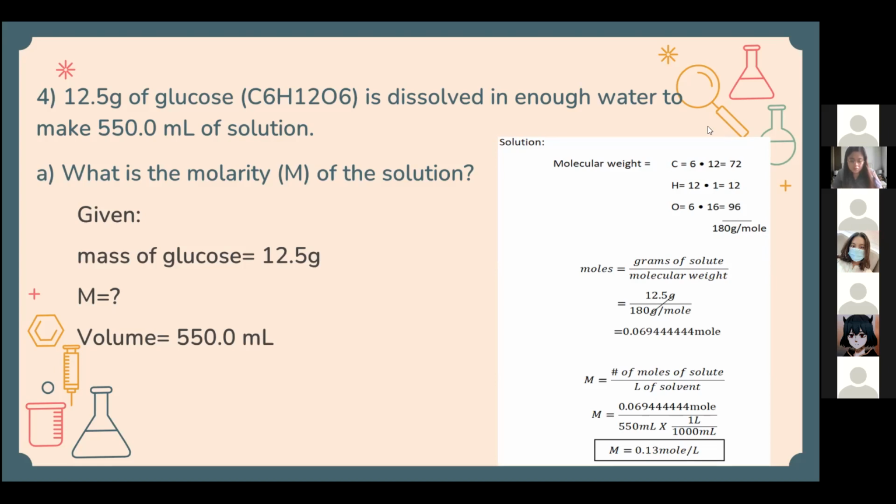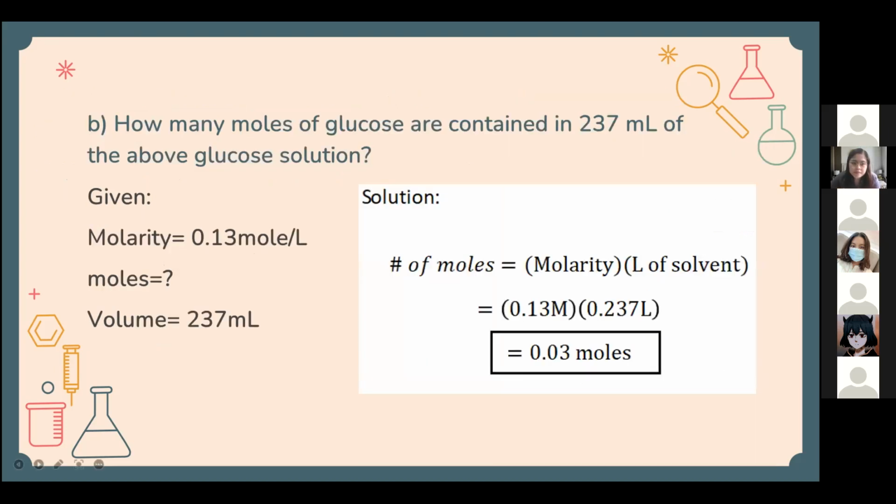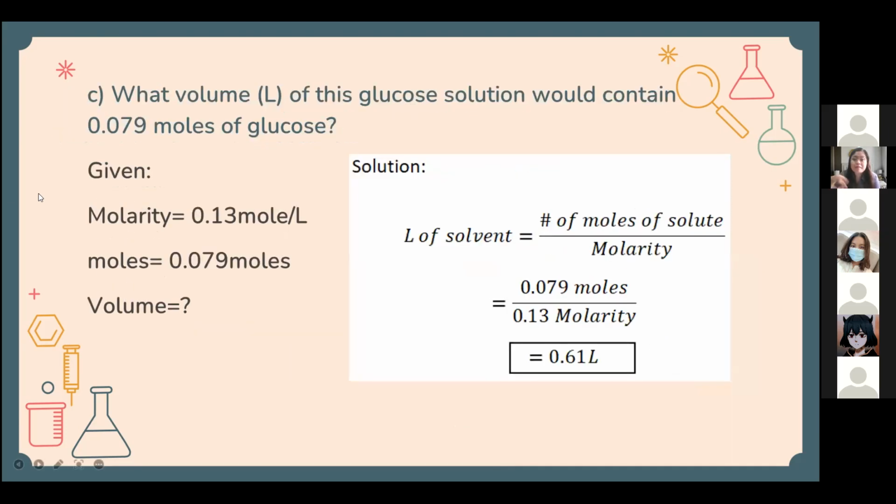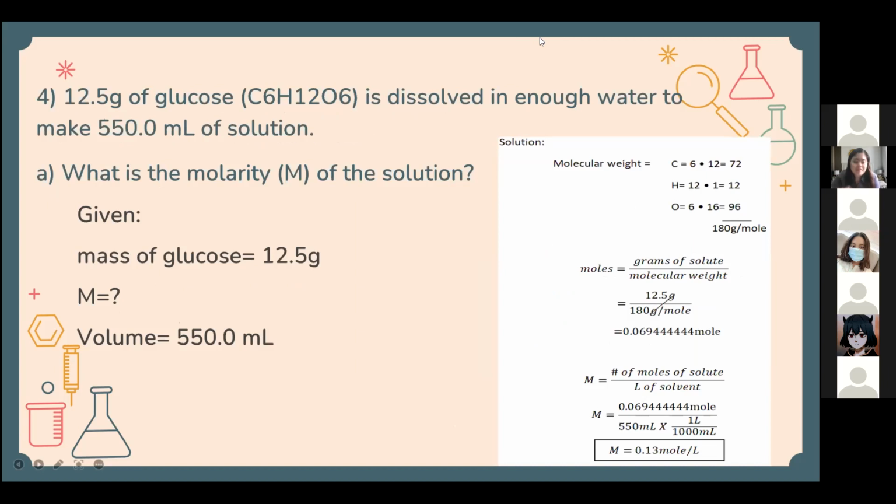So we all know that the formula of molarity is M equals number of moles of solute over liters of solution. As you can see in the given, the volume is already given, but the number of moles is missing.